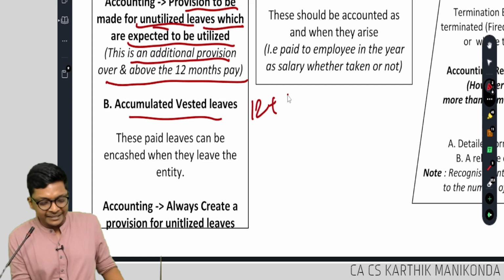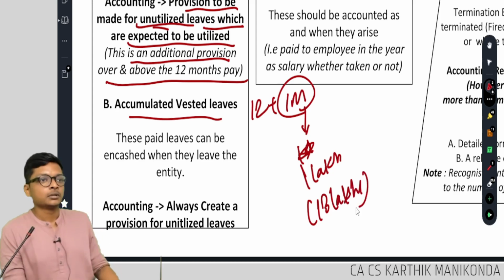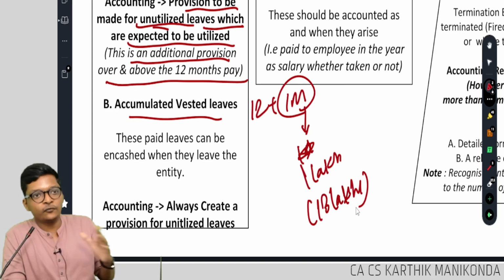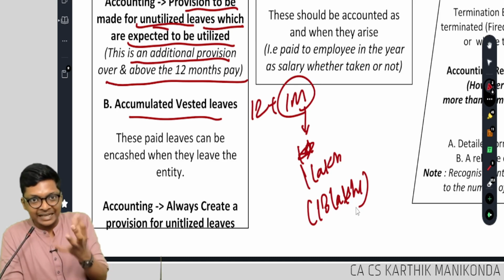This 12 plus 1 month, for this 1 month you can take 1 lakh in cash. That means you will get it as salary itself. So if you are an employee, what will you do? If Radharam worked for the full year without taking a single day of leave, he is now eligible to get 1 lakh in cash.